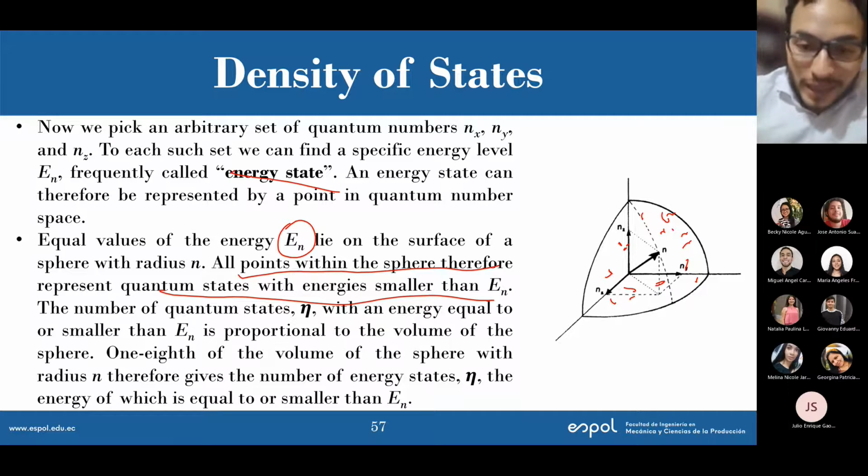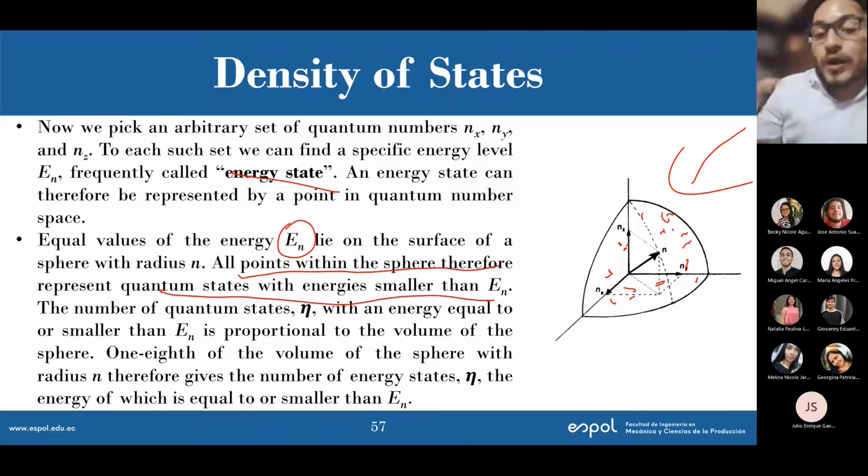And that's why you see the sphere is actually not complete. It's only a quarter of the sphere, because it's going to be only in this plane where x, y, and z are all positive, because all the possible quantum numbers are always positive. Therefore, n values can only be defined in the positive octant of the n space.